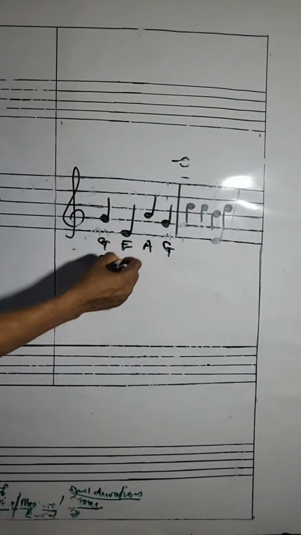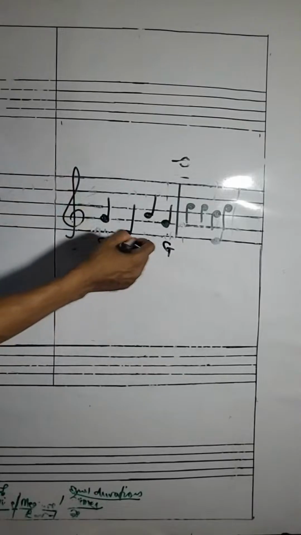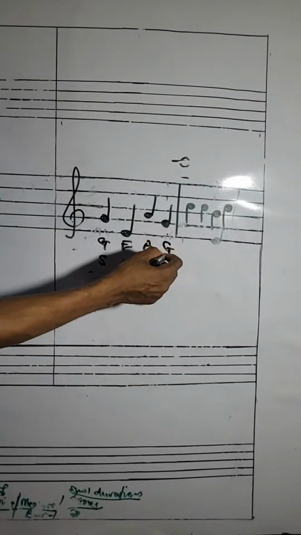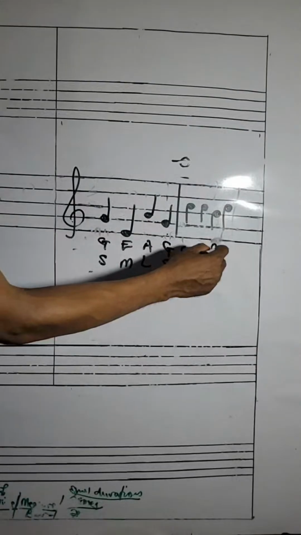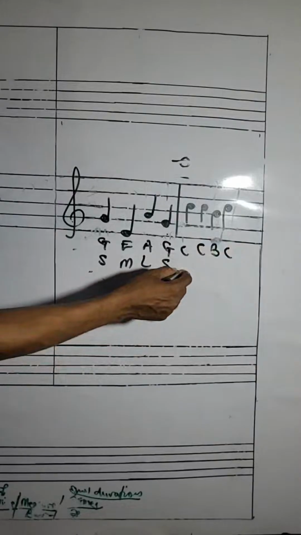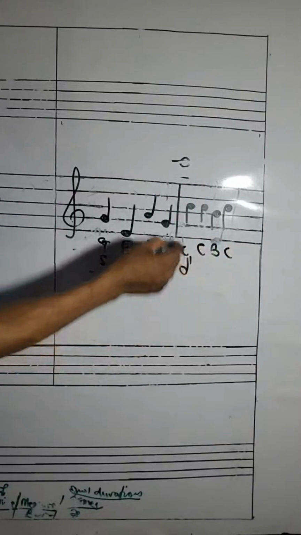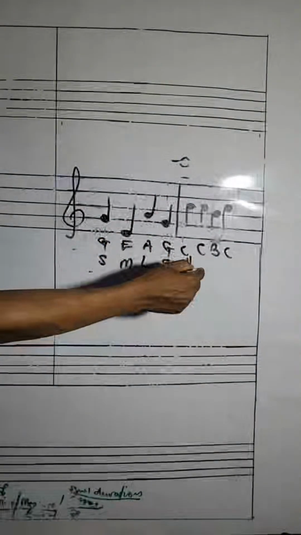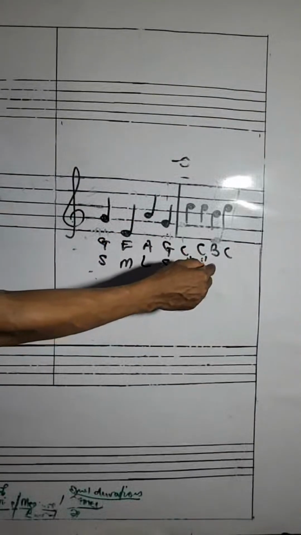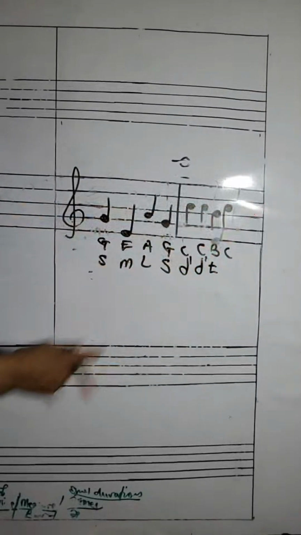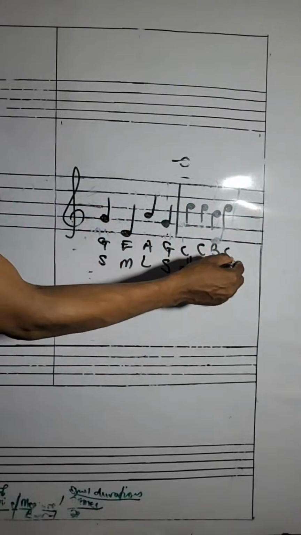My E is my mi, my A is my la, and my G again is my sol. B, C. So what I have here is the high do, because there is a lower do here, so it's going to be do, then C, which is on the line, B, do.